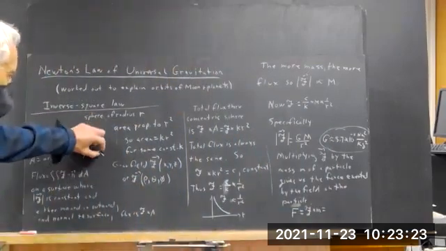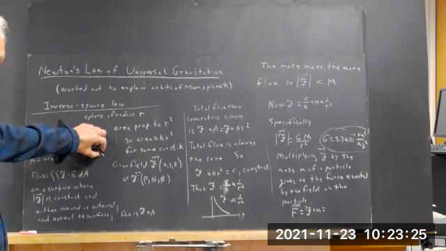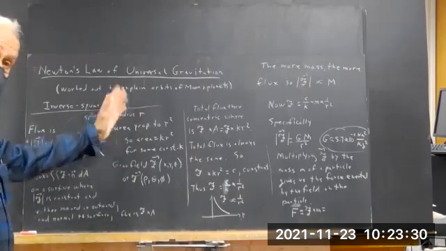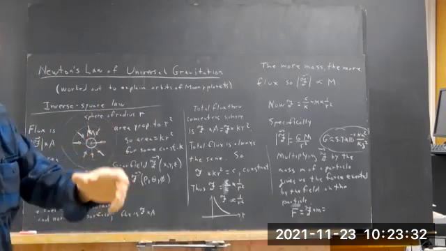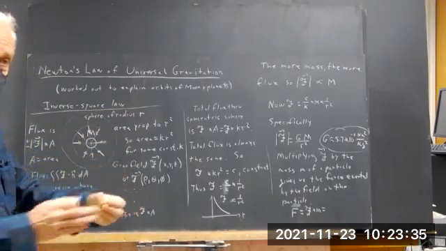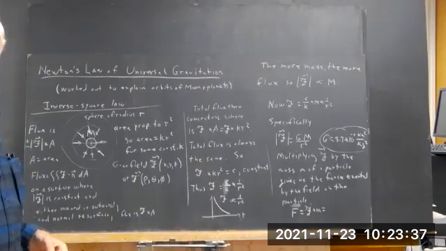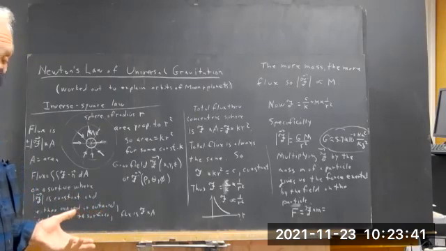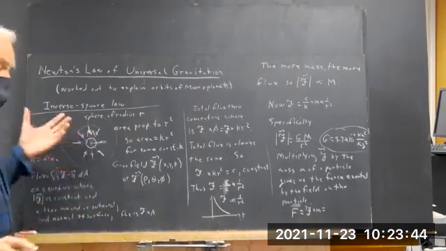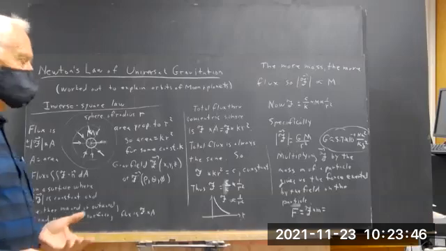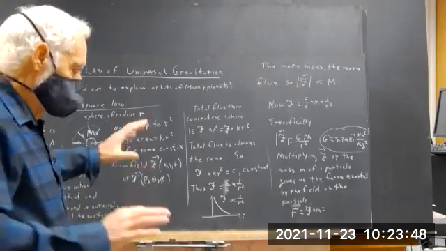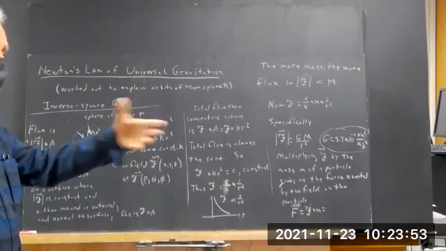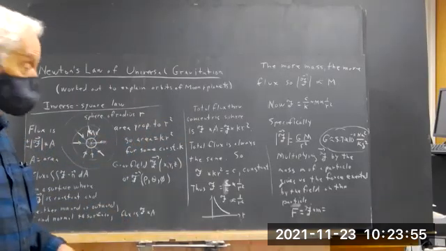If I bring a mass in the vicinity here, like an asteroid passing the Earth or something, it's going to curve, right? Much like the steel ball did in the vicinity of a magnet, but in a much smoother and more stable way. Because a magnet doesn't have an inverse square force. Well, we don't want to get into that. We can model that, and we will when we get into electromagnetic field second semester.